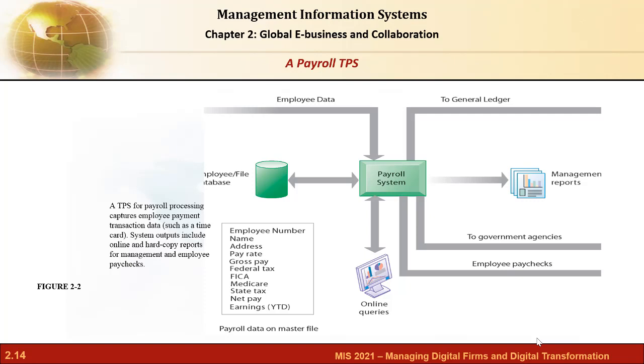For example, look at UPS or FedEx, a logistics corporation. If their operational system, package tracking, doesn't work, the whole system can be stopped.